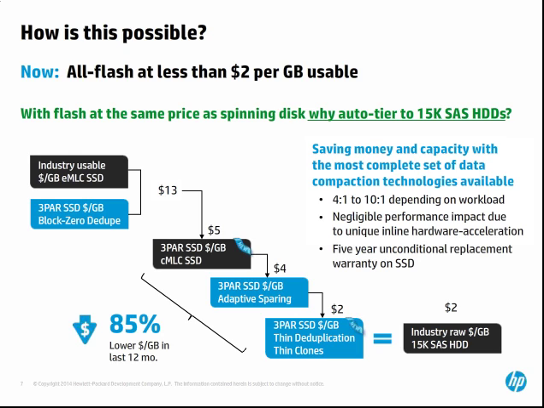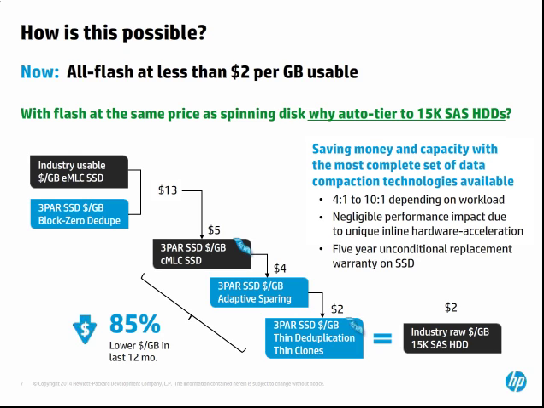We then add in the capabilities of our thin deduplication and thin clones, and that brings the effective price per gigabyte from $4 down to $2 a gigabyte for all-flash storage, which is roughly equal to the price for high-performance spinning media at the same $2 a gigabyte.